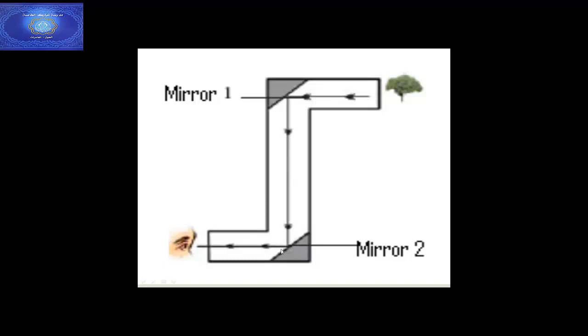And the periscope has two openings. Through this opening we can look, put our eyes on it to see the object on the top surfaces, like this tree.